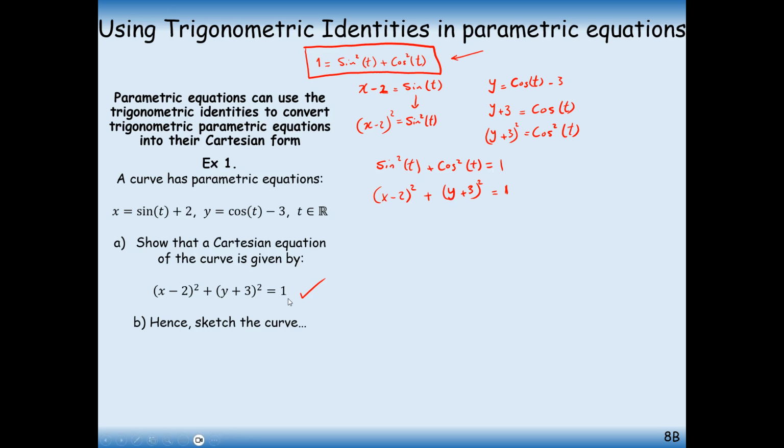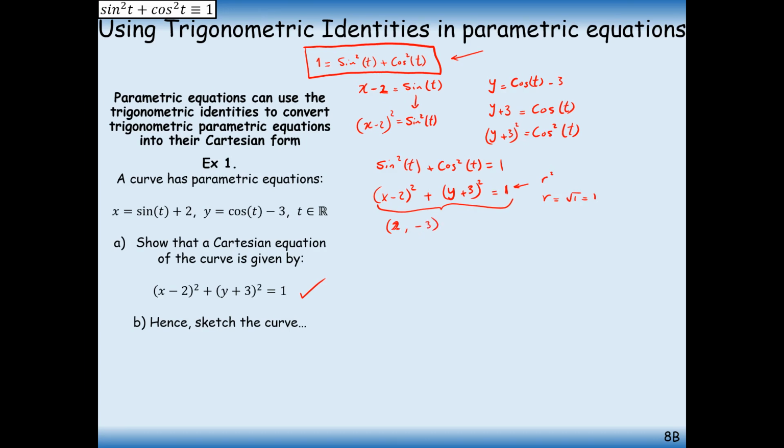Now we were asked to sketch this curve. We know that this is the equation of a circle with radius squared equal to 1. Taking the square root of 1, we still get a radius of 1, and the center of our circle has coordinates 2 and minus 3.